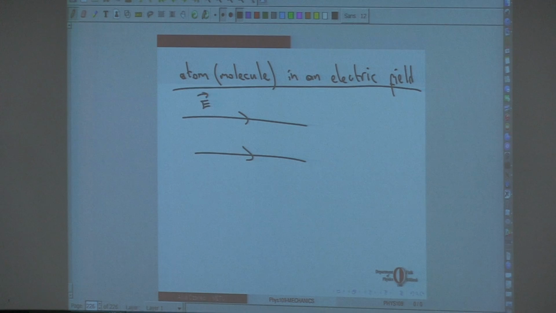Now, the atom is very small, so in the volume that the atom occupies, the electric field will be more or less constant. So we have this nucleus, which is positively charged, and around it we have the electrons, which form a cloud.